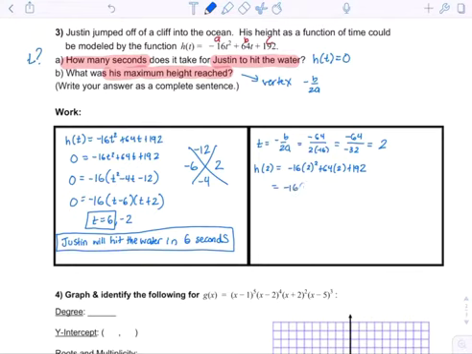Negative 16 times 4 plus 64 times 2, 128 plus 192. 16 times 4 will give us 64, so this is negative 64 plus 128 plus 192, and when you guys add this all together, you should have gotten 256 feet.